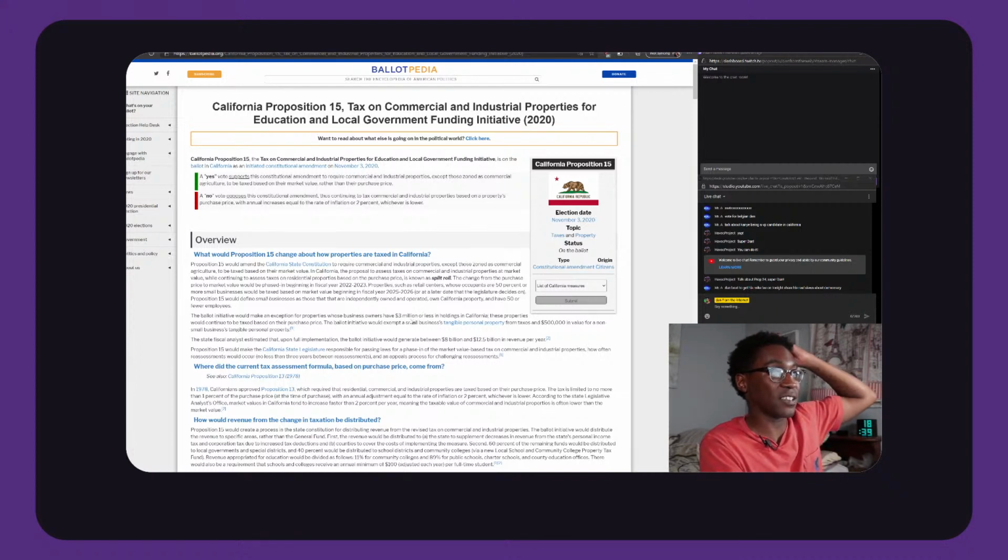Properties such as retail centers whose occupants are 50% or more small. This is written the wrong way, but I kind of know it. Basically, if you have 50 or fewer employees, the new change in the assessment would be phased in a little bit later to compensate for the fact that you're a smaller business, money's a little bit tighter, and you'll need a little bit more money to adjust to these things.